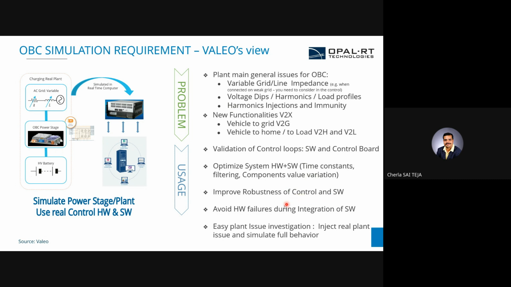Once we have a fine-tuned controller and software, it will help you integrate to the hardware without any failure. So the overall aim of this solution is to make your control and software robust enough to integrate properly with the hardware without any failures on the hardware component.